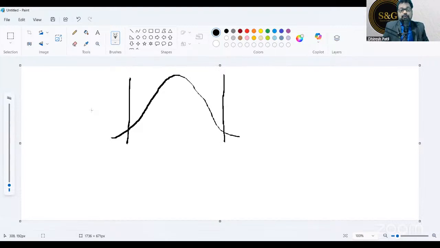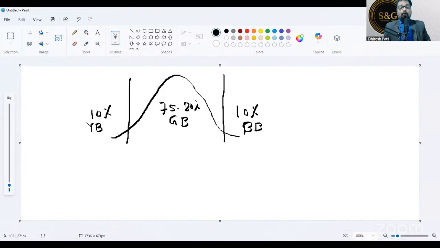This is a very broad bifurcation: about 10% are smaller, yellow belt level projects, 75 to 80% are green belt level projects, and the remaining 10% are very complex, black belt level projects. Again, there is no statistical proof for this bifurcation.